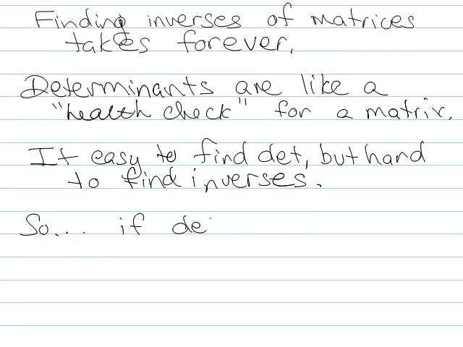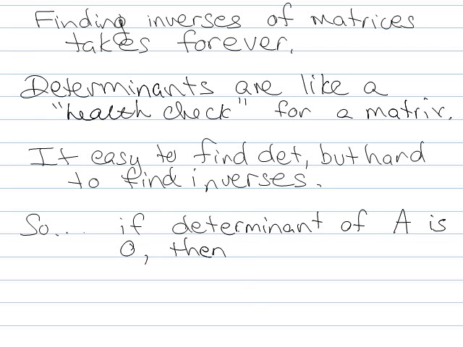If the determinant of A, for example, that's the way that we say it. That's actually not how you say it, that's how I say it in MATLAB. I'll just write it out. If the determinant of A is 0, then there is no inverse of A. If the determinant of A is 0, it has no inverse.